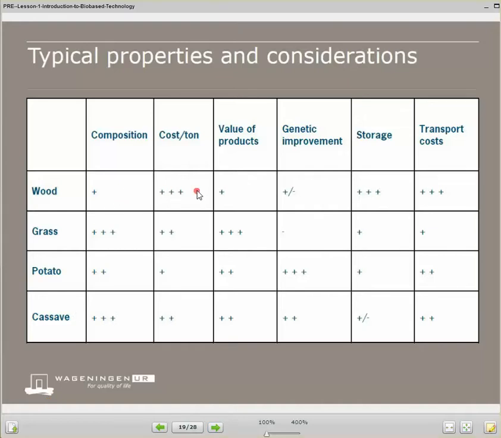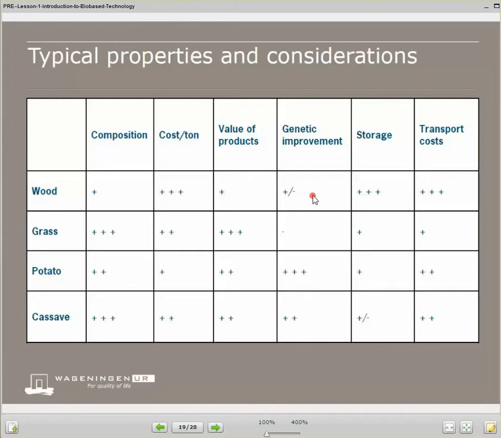Costs. Wood is pretty cheap, especially per ton. When you look at the amount of transport, you can easily stack it, you can easily transport it. The costs are actually quite good. The value of the products, however, not so much.